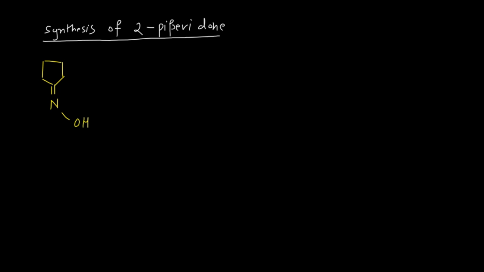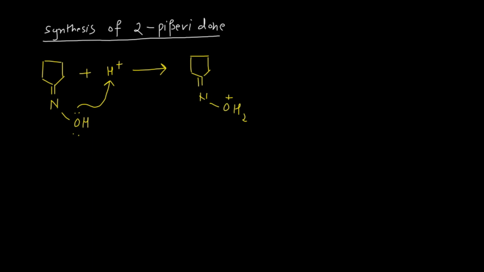This is another keto-oxime. Now this time I am reacting this with H positive. So one of the lone pair present on the oxygen atom will grab that hydrogen. Now I am doing very quickly. So this is double bond, this is nitrogen, this is OH2 positive.